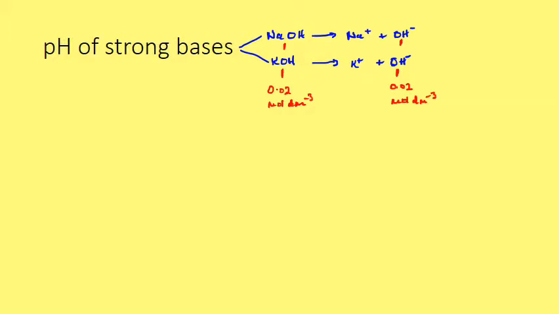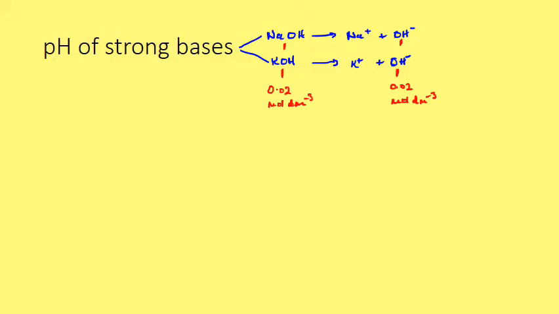But we're going to want to calculate the pH, and the pH, as you remember, is calculated from hydrogen ion concentrations. So the little extra step involved in calculating the pH of strong bases involves the use of the ionic product of water.